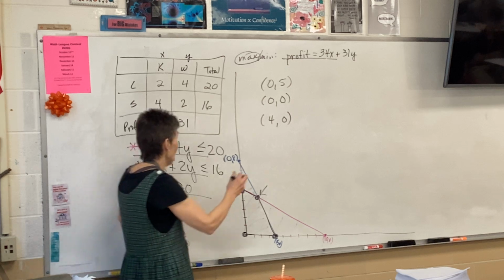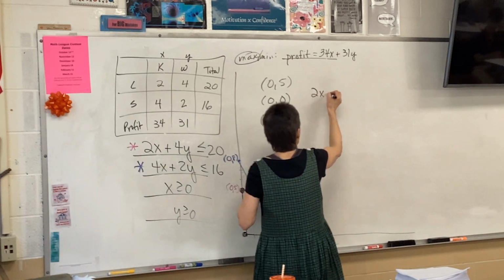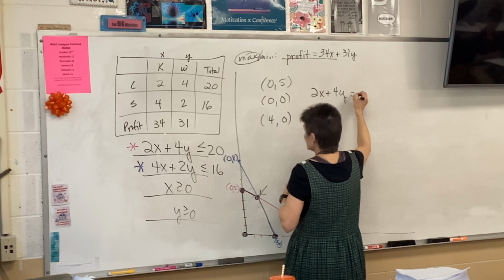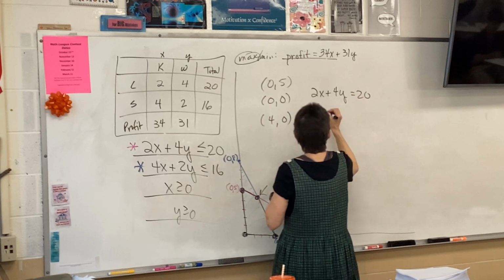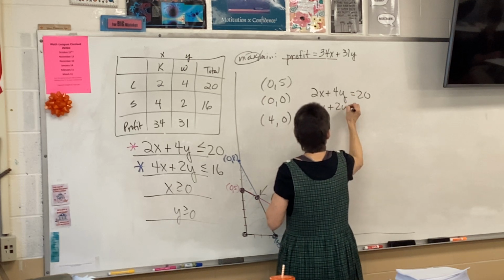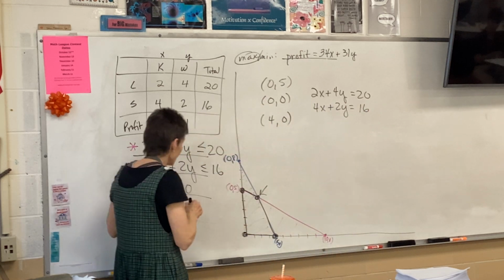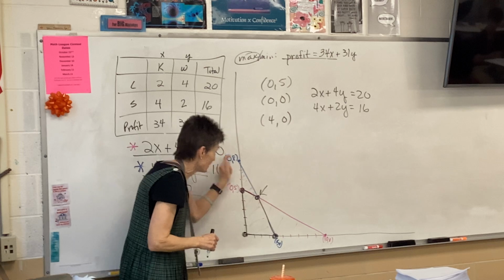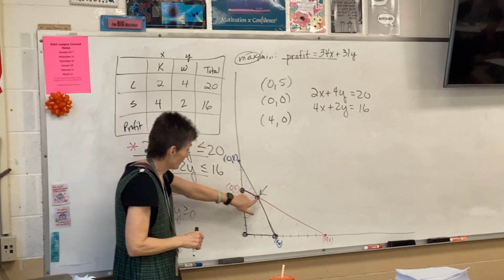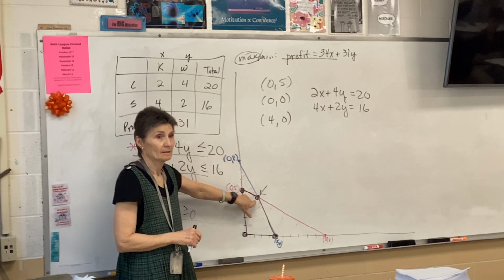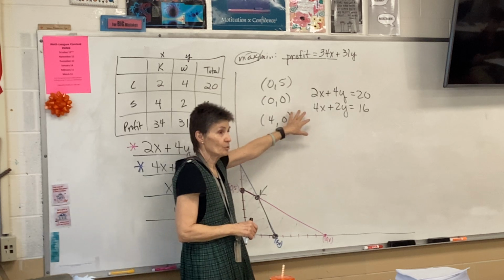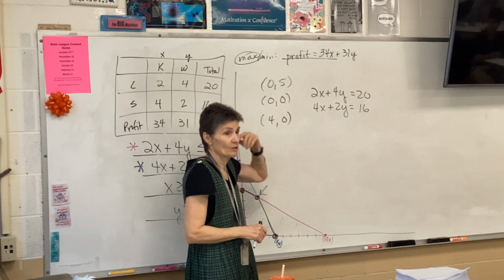Go back to your equations. 2x plus 4y equals 20, and 4x plus 2y equals 16. That is my blue and pink equation. I want to know where they cross. So what will I do with these two equations, my blue and my pink equation?